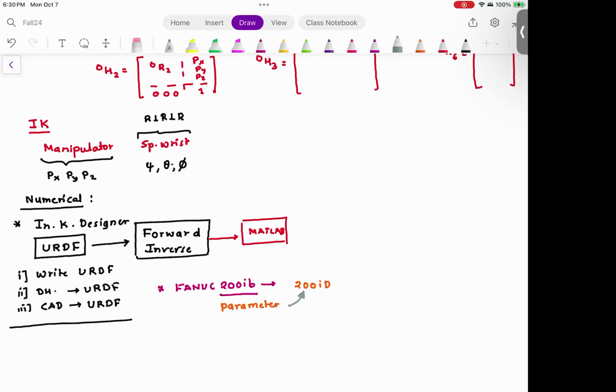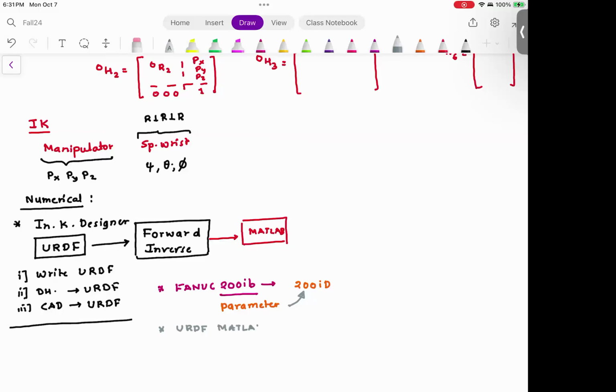Now, what you can do is, first, change the parameters. Then you have to save that as a different name, because I believe the baseline models are read only, so I don't think they will allow you to update. Second thing you can do is open the URDF file inside MATLAB.